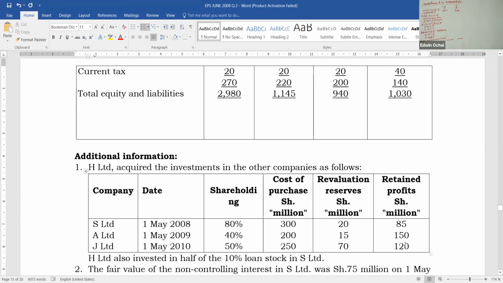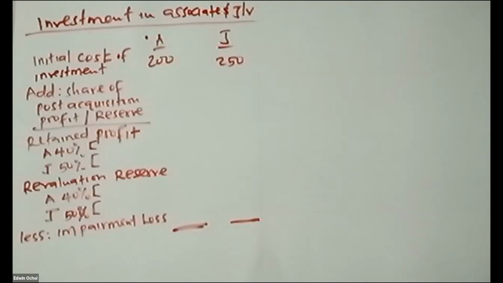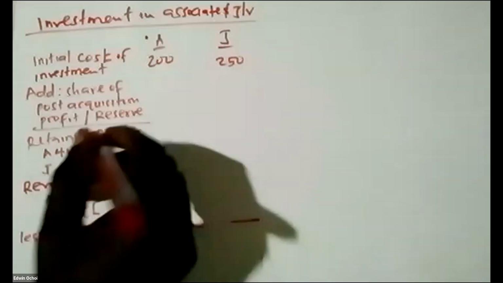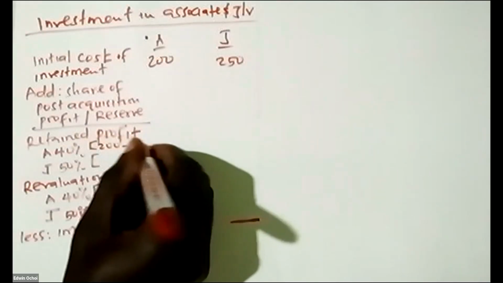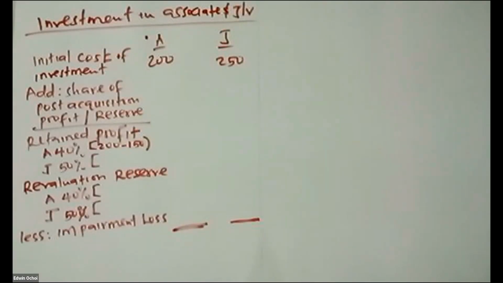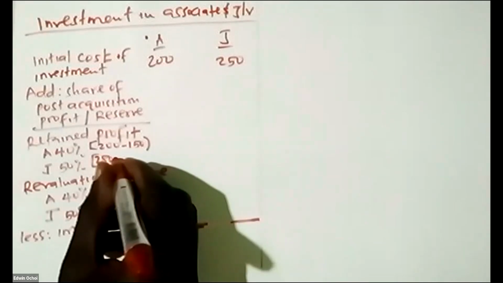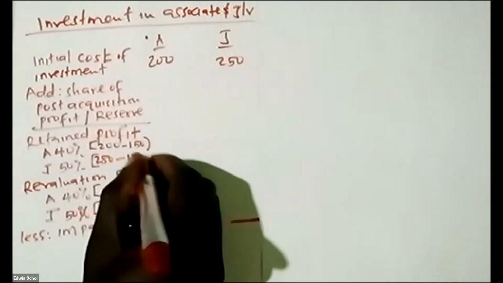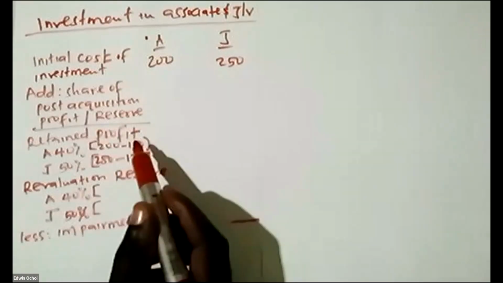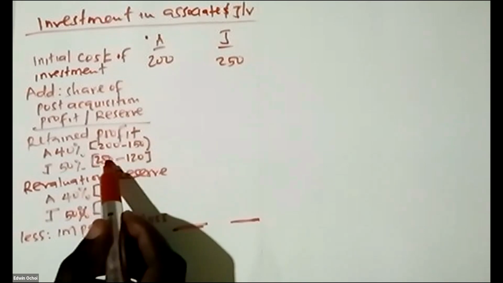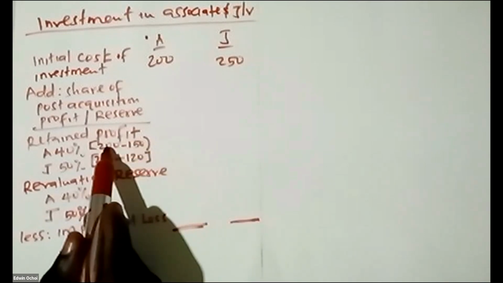So that is how you get the post: 200 minus 150 for A, where 200 is the balance at the end of the year and 150 was at acquisition. The same with J: carried down was 280, at acquisition was 120. I'm subtracting 150 and 120 from these balances because this 150 was inside this 200.